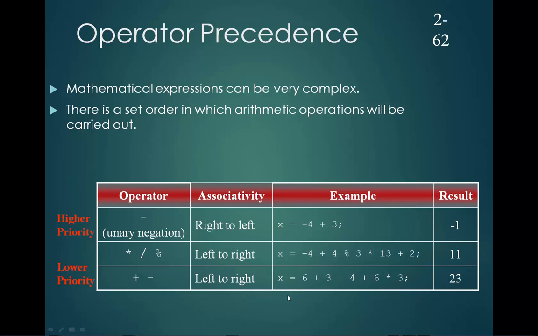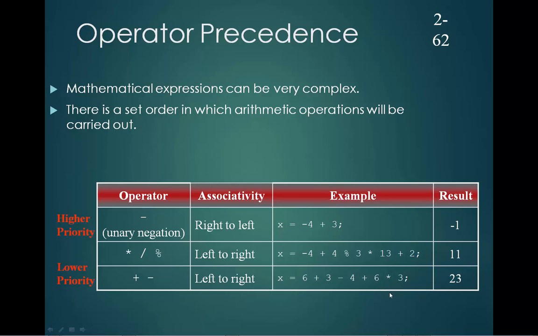So, for example, here we evaluate left to right. Okay, but we have to pay attention to precedence. So looking at this last example here, we can't just go left to right because there's a multiplication here. We have to do that first. So because multiplication is a higher priority than addition or subtraction, we do this first. So we multiply 6 times 3 and get 18.